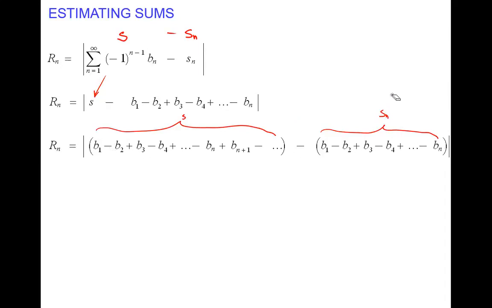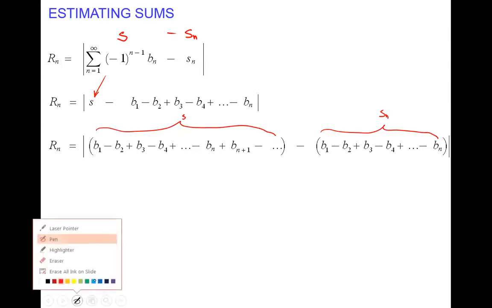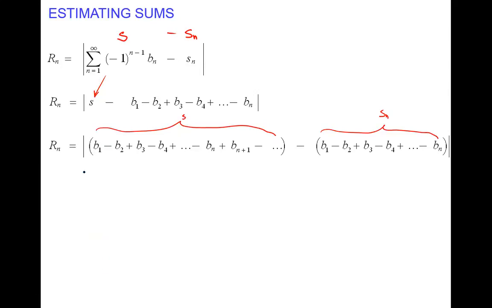Let's see what happens. Taking the difference between the entire sum S and the partial sum, we can nicely see that most of the terms are cancelled out, like we saw in the previous slide on these lines, the big line minus the shorter line. The terms up to b sub n cancel out.